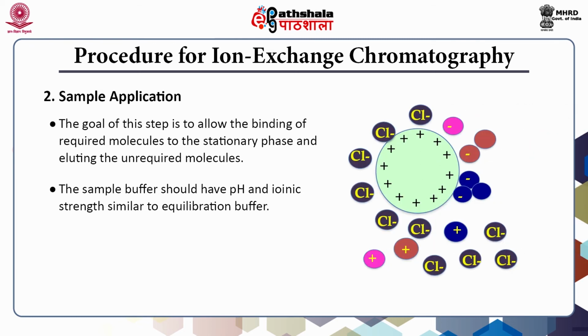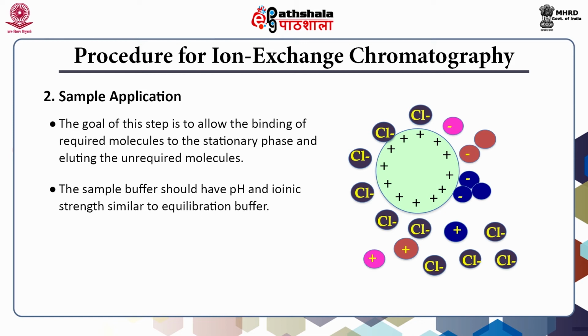In this picture, we can see that all positively charged molecules are eluted out because there will be repulsion between the positively charged ion exchange surface and positively charged molecules. That is why they will not bind on the surface of the stationary phase, and they will be eluted out.